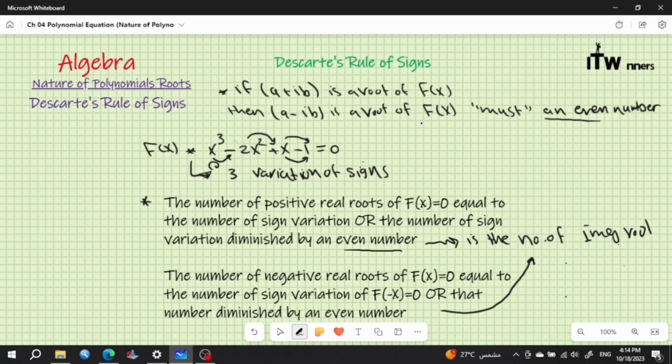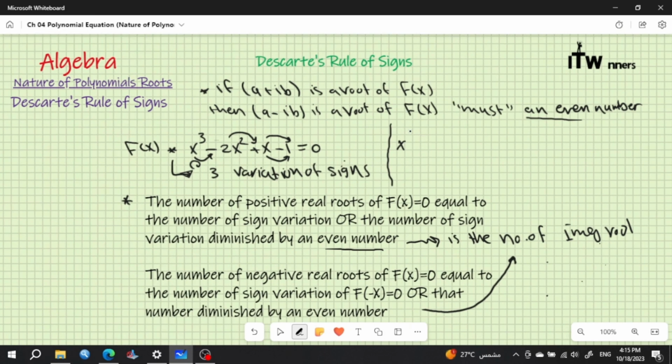If we write x power 5 plus 4x power 4 plus 2x cubed minus 5x squared plus x minus 3 equal to 0, this equation has 5 roots.